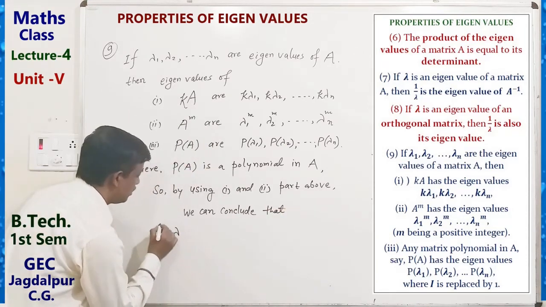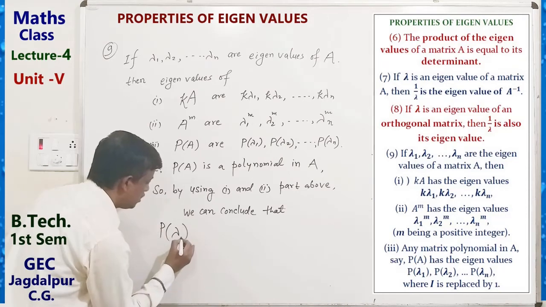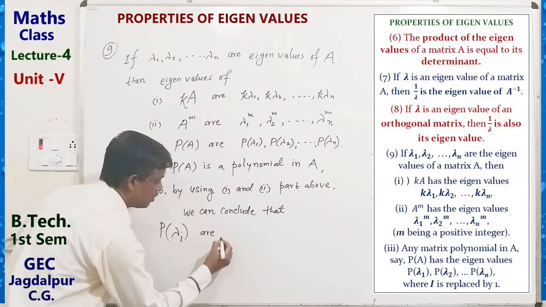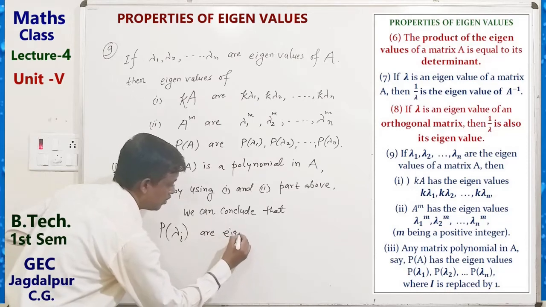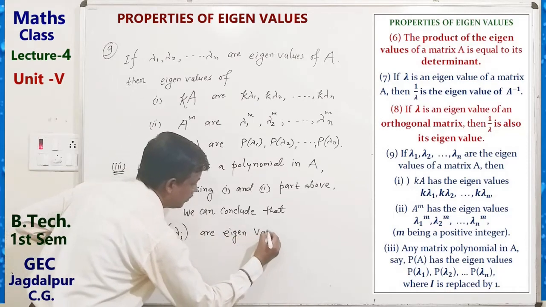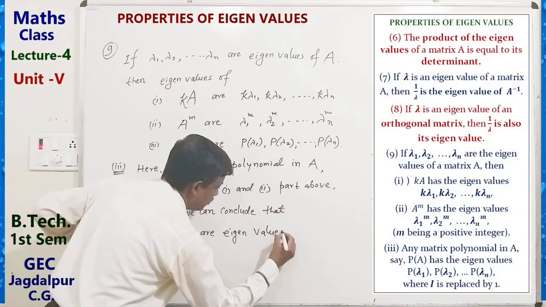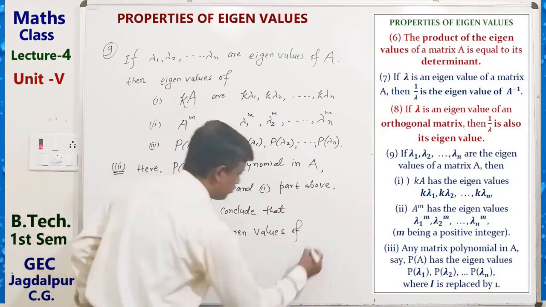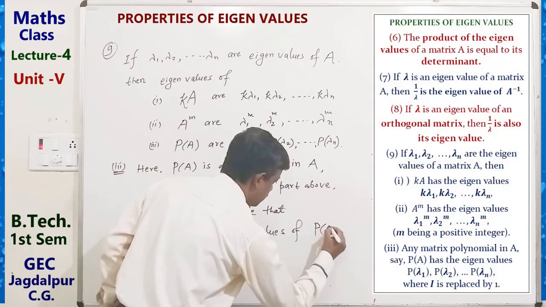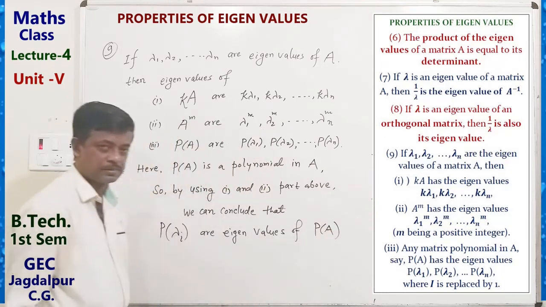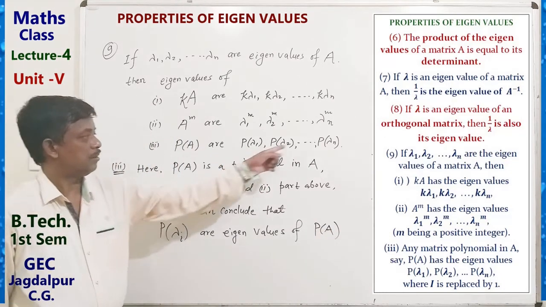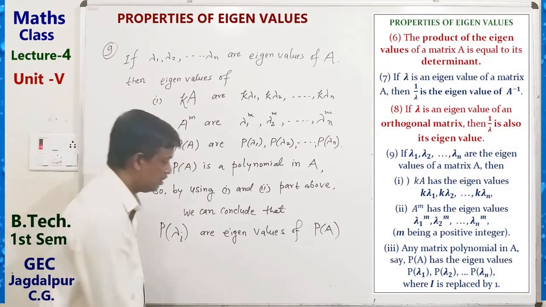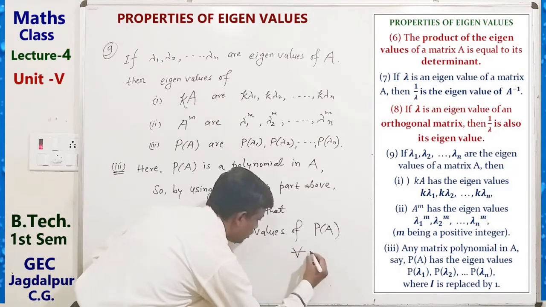So we can conclude that P(lambda 1) to P(lambda n), that is, P(lambda i), are eigenvalues of P(A) for all i.